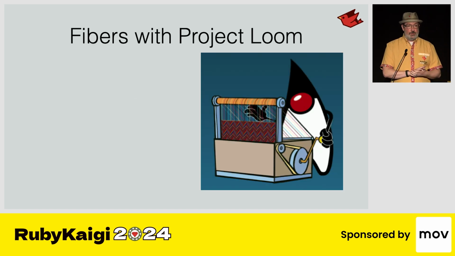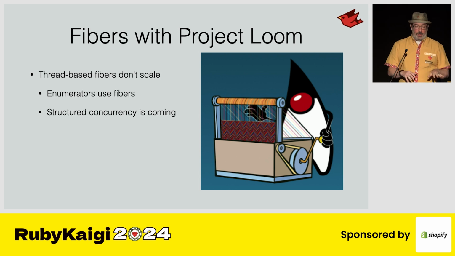So Project Loom is an OpenJDK project to introduce real fibers into the JVM itself. So in the past, JRuby has had to use regular native threads to implement fibers. And now this just doesn't scale. If you want to have thousands or tens of thousands or hundreds of thousands of fibers, most systems are not going to allow you to spin up that many native threads.